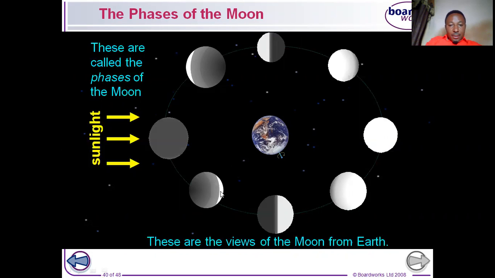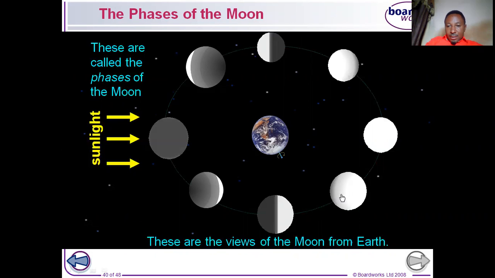This is the part that is reflecting light to the earth. Wherever you are on the earth, you can see this, because that is the part that is reflecting the ray from sunlight to you. It's called the crescent waxing moon phase.